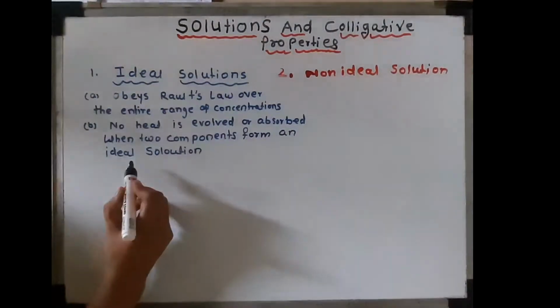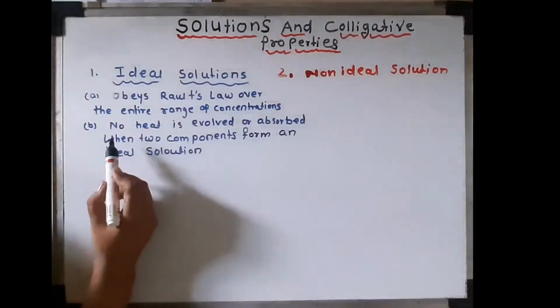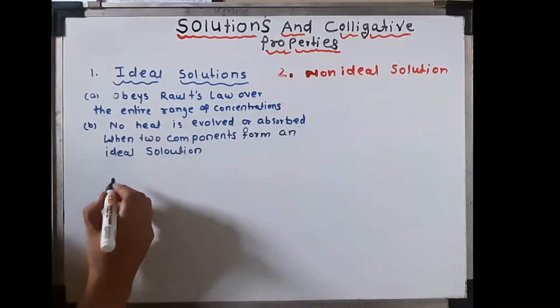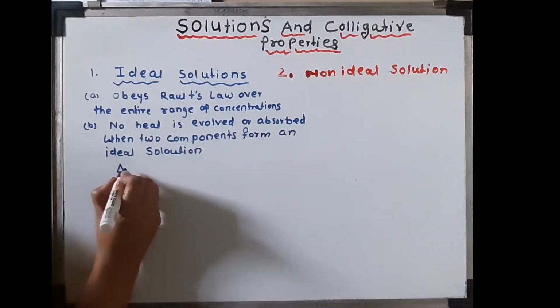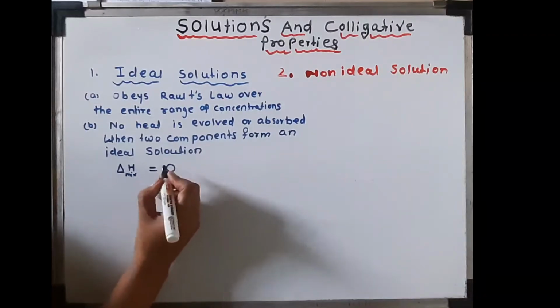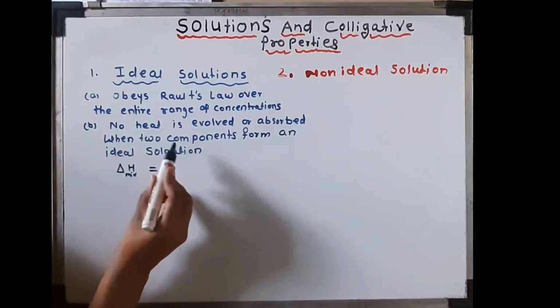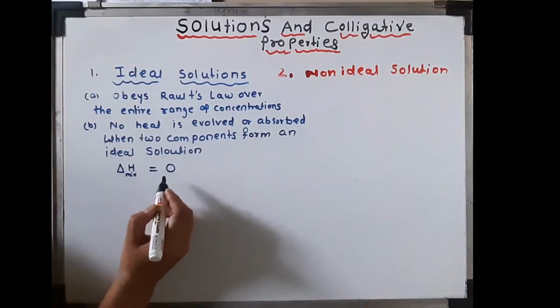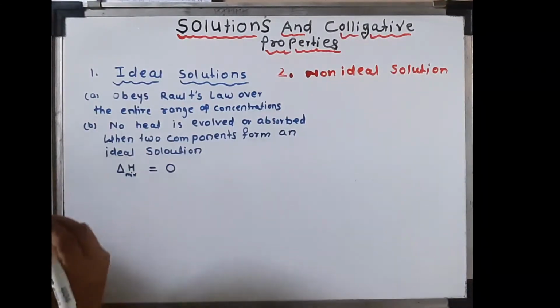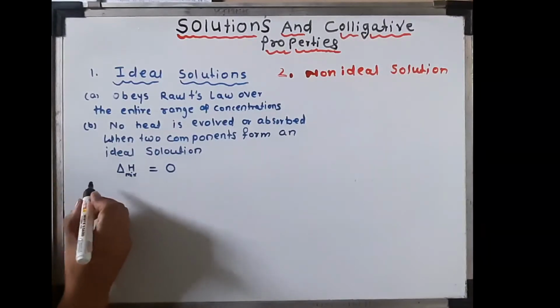During the formation of an ideal solution, there is no heat evolved or absorbed. Therefore, delta H of mixing is equal to 0. This is enthalpy; the enthalpy of solution is 0 for ideal solutions.